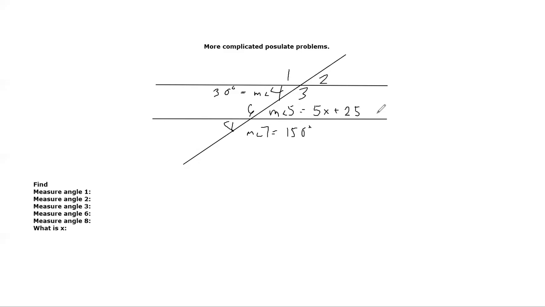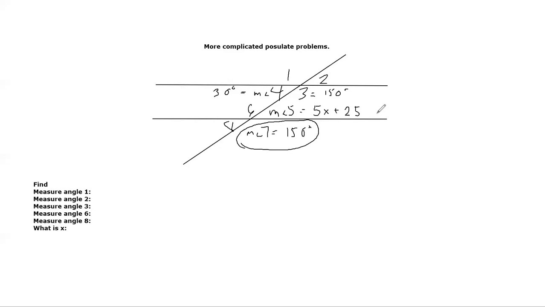All right, follow me here. Measure angle 7, we know, is 150 degrees. We know that measure angle 7 and measure angle 3, because they're in the same position on different lines, are going to be corresponding, which means that measure angle 3 is 150 degrees.